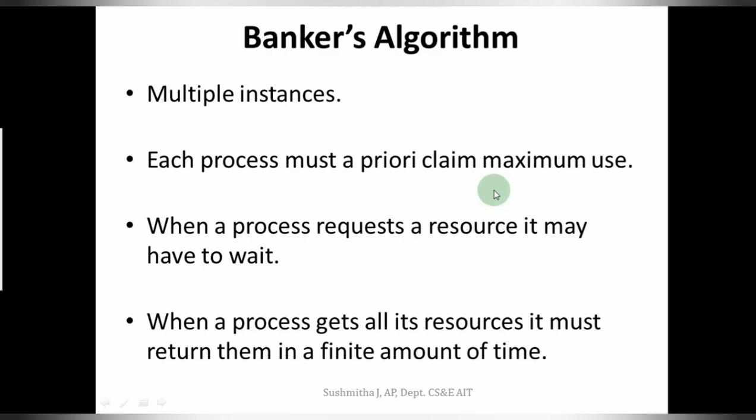If a person applies for the loan, the bank first subtracts the loan amount from the total amount that the bank has. If the remaining amount is greater than S, only then is the loan sanctioned.